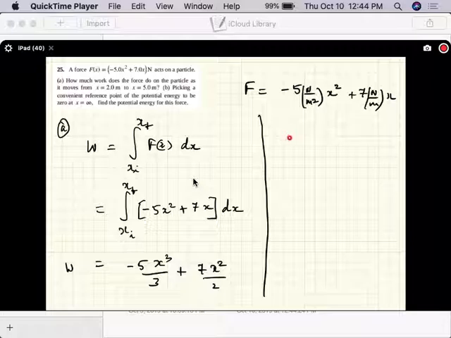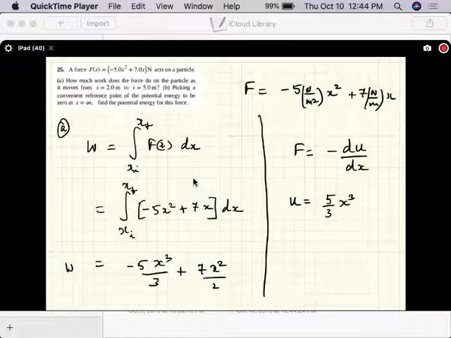Okay, so you saw that F is related to the potential energy like that. So U must be equal to 5/3 x cubed minus 7/2 x squared plus C if you want, because the derivative of a constant is 0.